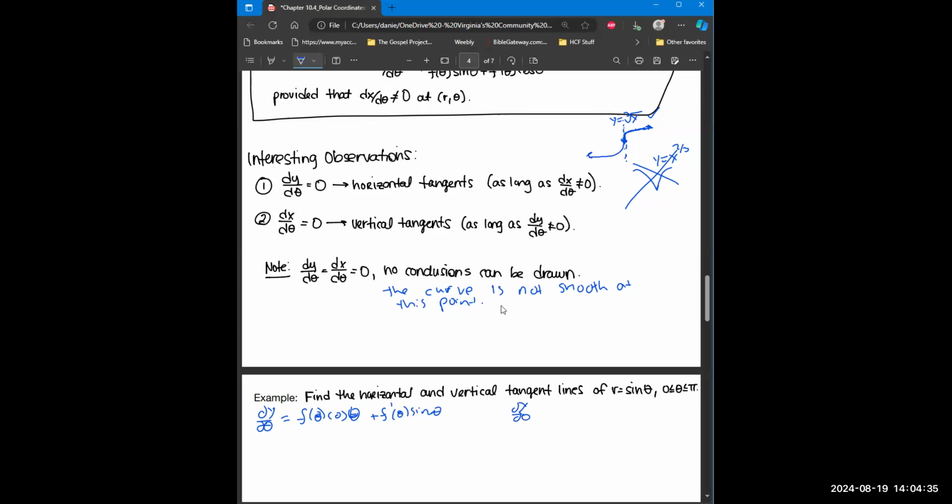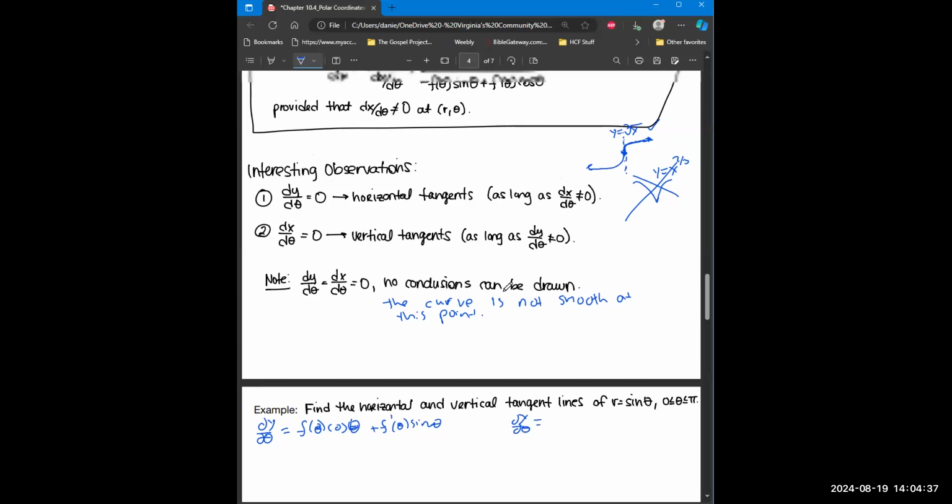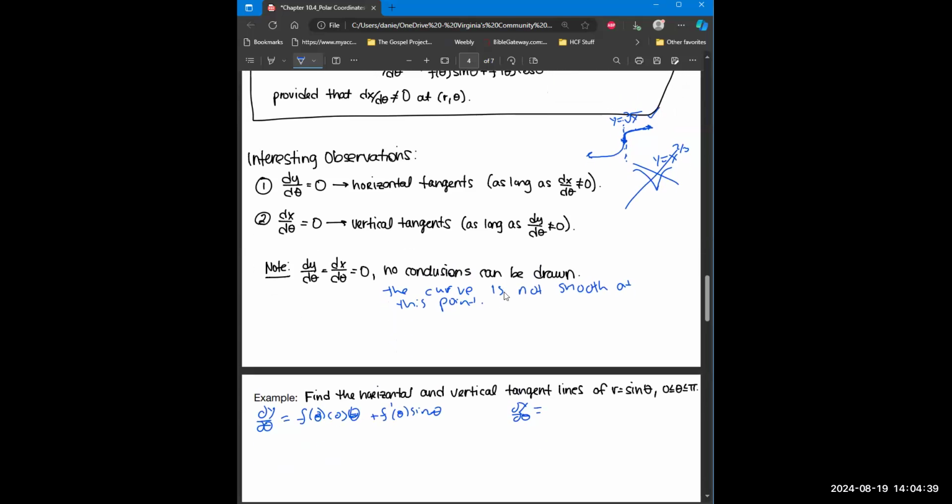Dx d theta is going to be negative f of theta sine theta plus f prime of theta cosine of theta.